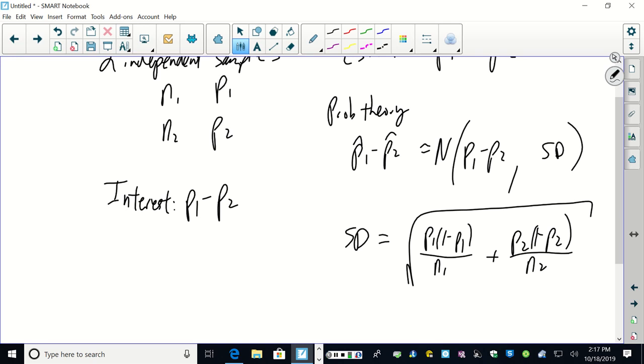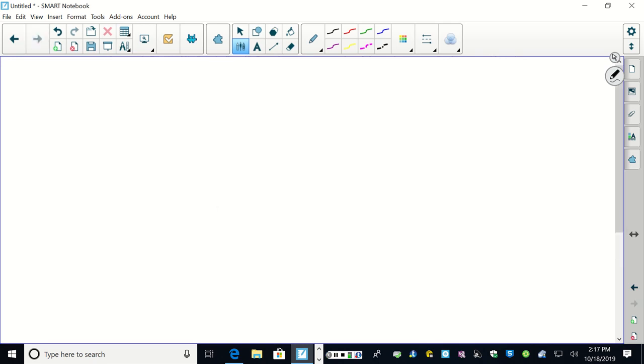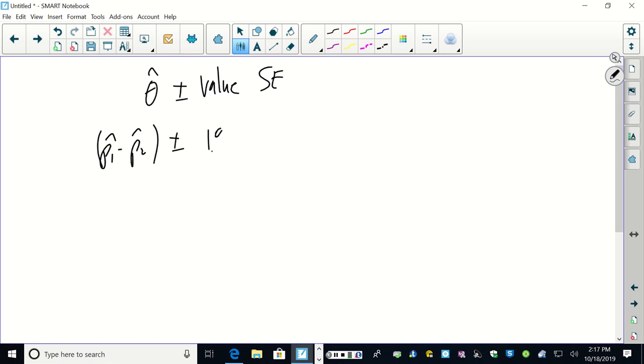So a bunch of these, particularly for the location family, have kind of the estimate theta hat plus or minus a distribution value times the standard error, right? And so in this case, P1 hat minus P2 hat plus or minus, we were going to use a normal value, and then the standard error, and maybe some estimate of the standard error, the little hat on that one too, right? Standard error of theta hat.